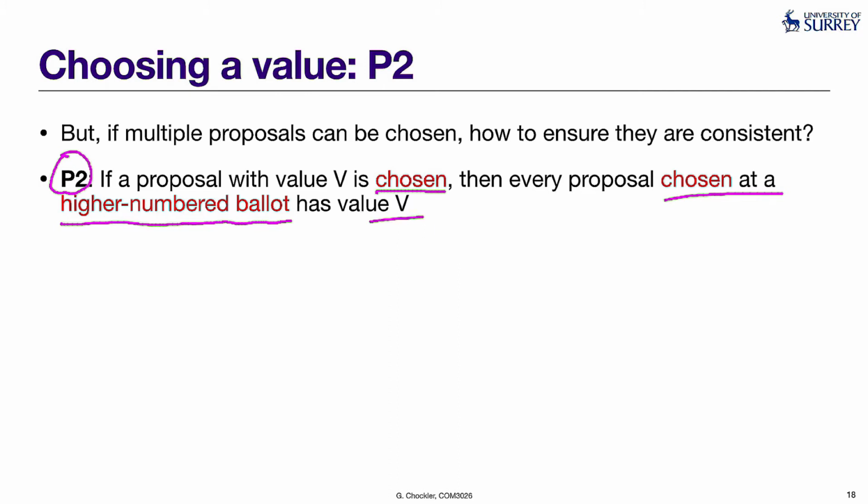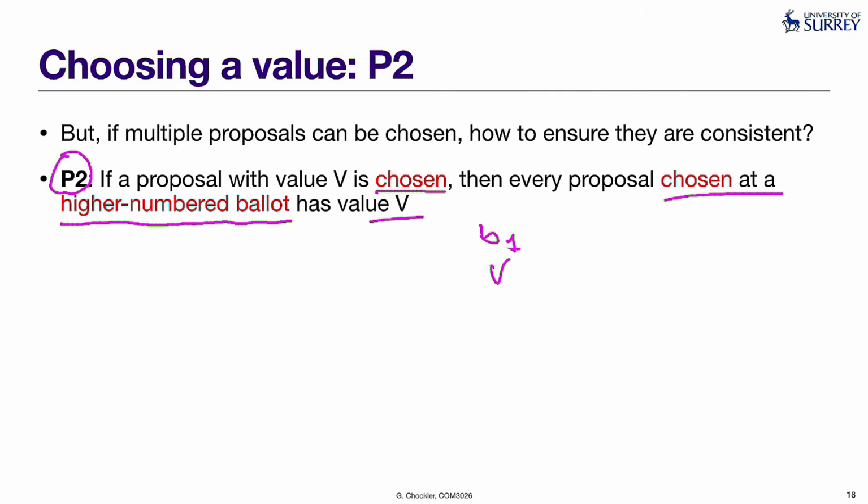So these ballot numbers are going to be increasing, and then we start executing the system, and at some ballot number, say ballot B1, some value V gets chosen.